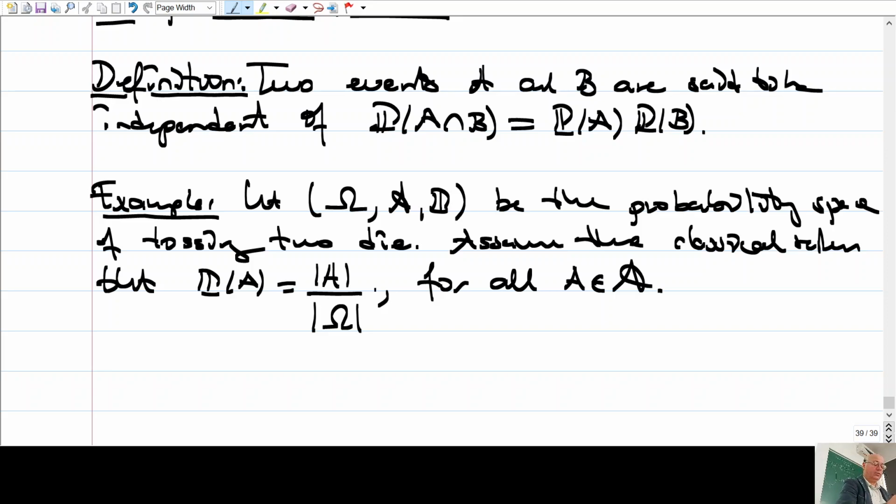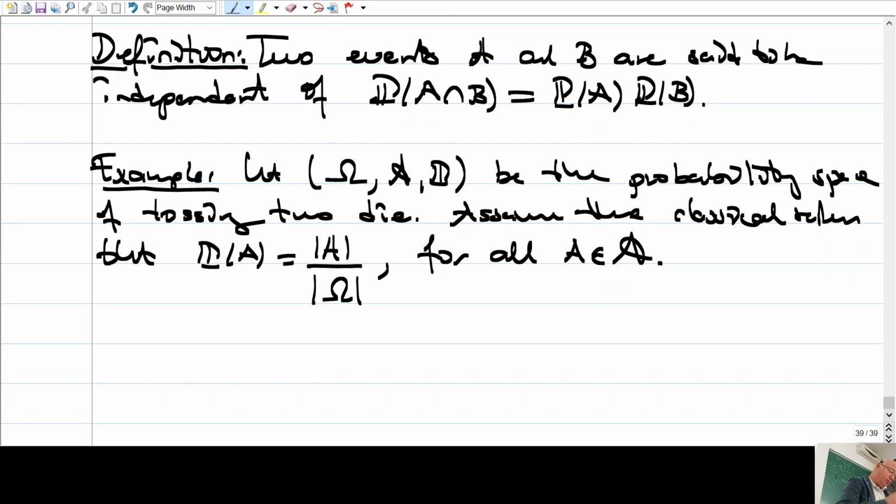So the die is an honest die, right? Each face has equal probability, which is 1 over 6. Therefore, the probability of an event is just the number of elements in that event divided by omega.